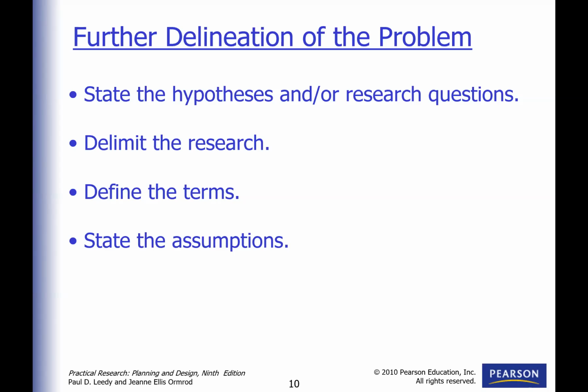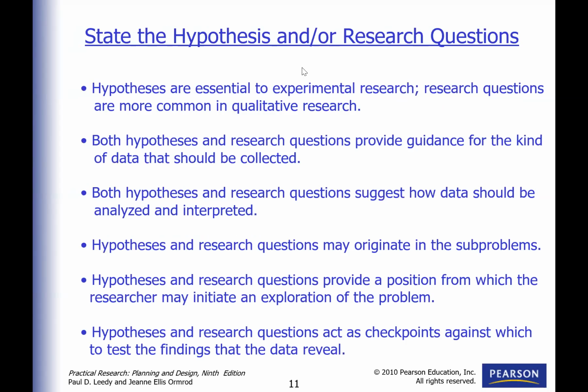Normally, each hypothesis is related to your sub-problem. So hypotheses are essential to experimental research. They give some kind of guidance, and they also show that some kind of data should be collected.